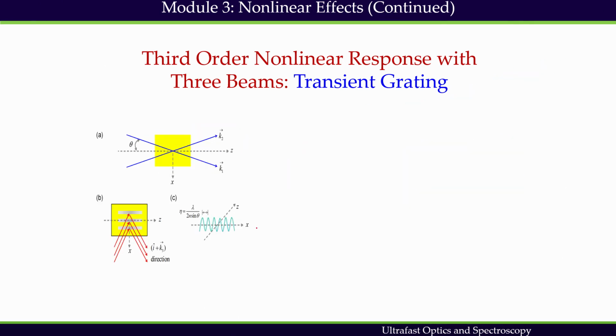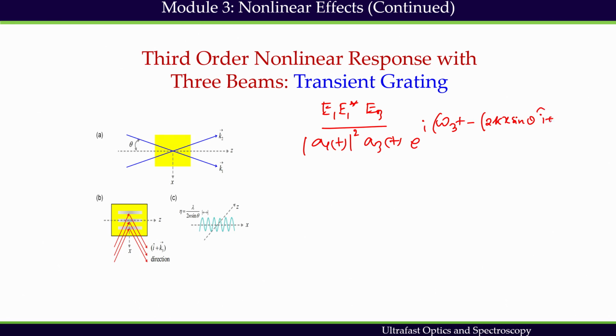Finally, the third order polarization due to this E1 star and E3 term can be given by this: A1(t) magnitude squared, A3(t), times e to the power i(omega 3 t minus 2k x sine theta plus k3 dot r).